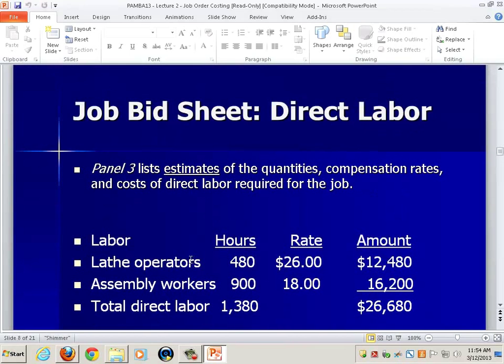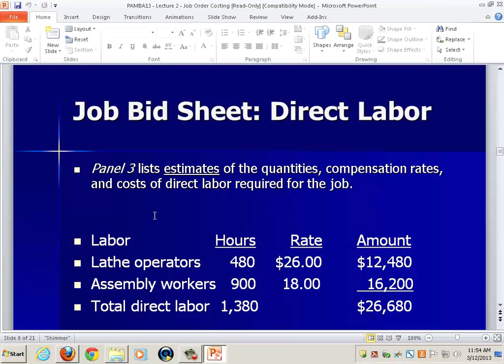So that's for materials. Then you estimate direct labor, and in direct labor you need two types of workers. You need lathe operators and assembly workers, with estimated hours.